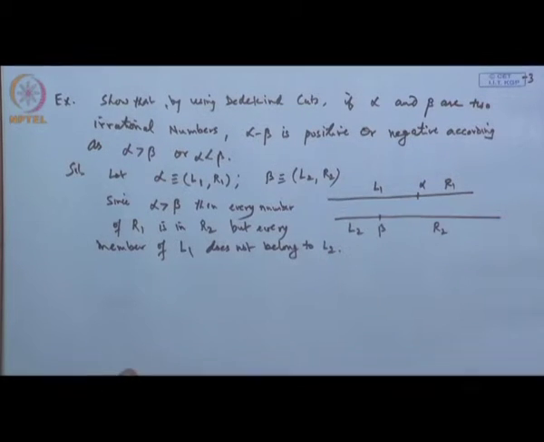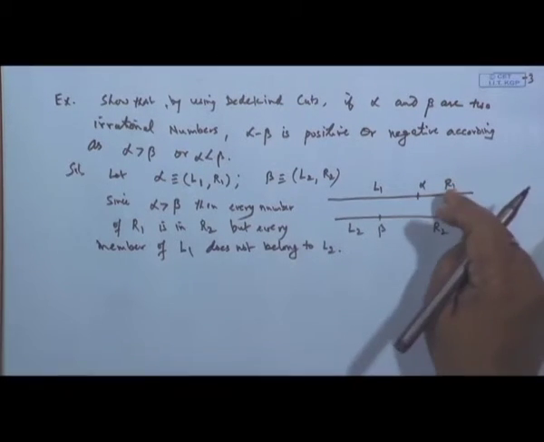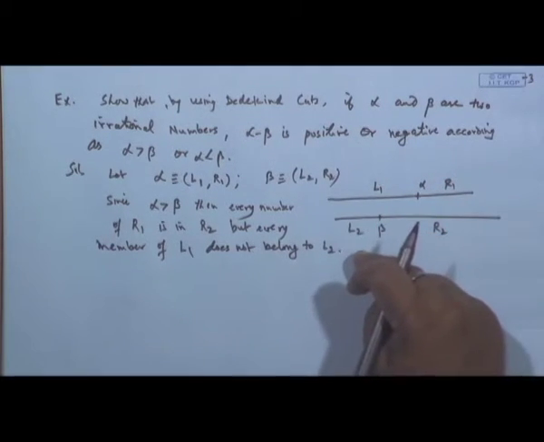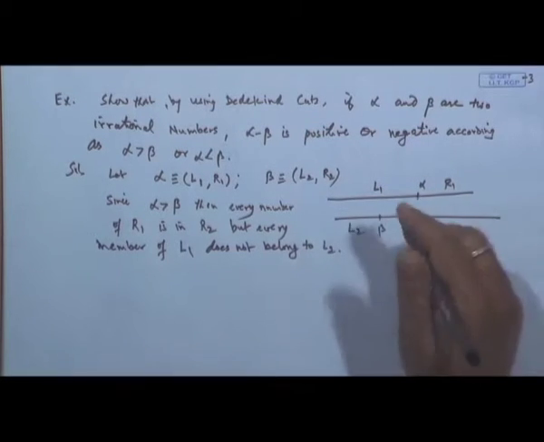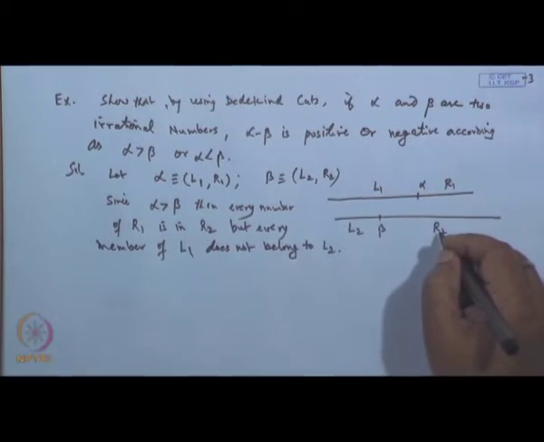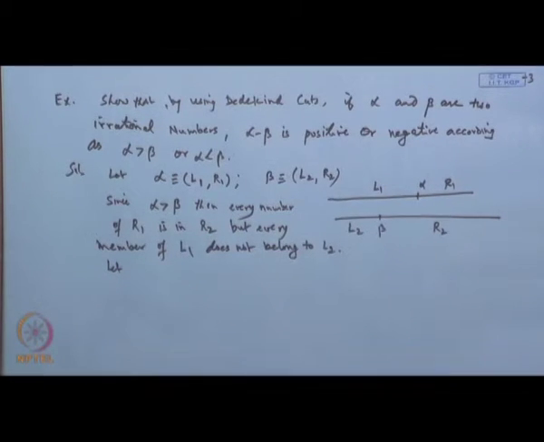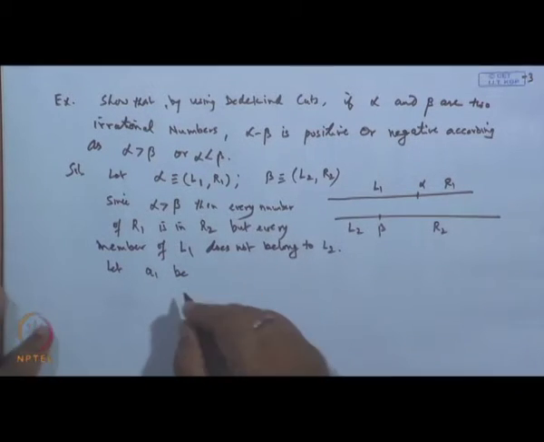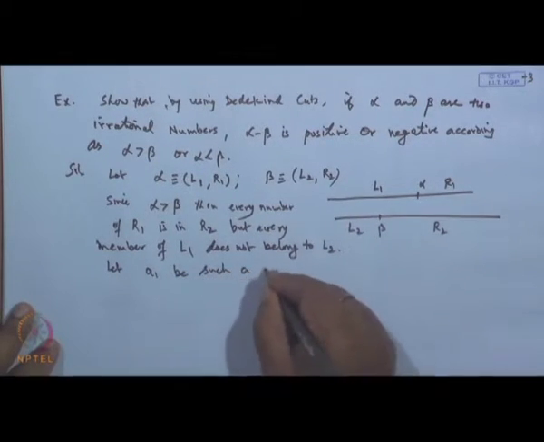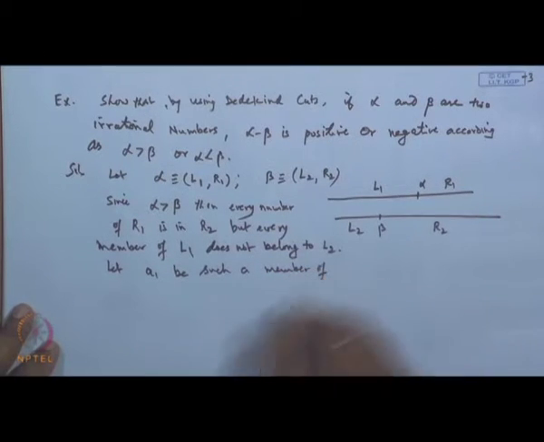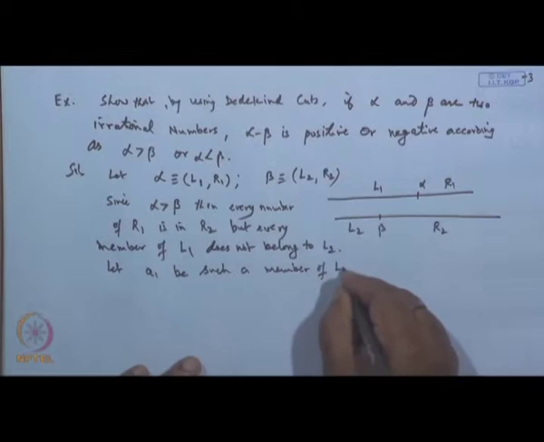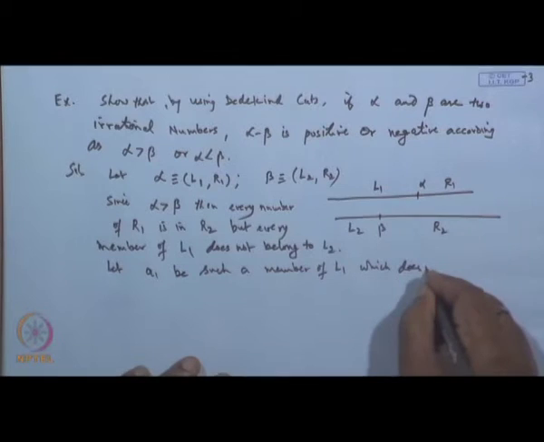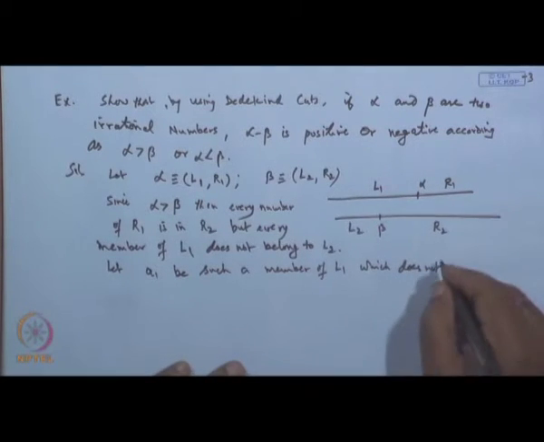Is it not? That is what it is. So, every member of R 1 is in R 2, but every member of L 1 is not in L 2. So, there may be some member of L 1 which does not belong to L 2. Let A 1 be such a member of L 1 which does not belong to L 2.